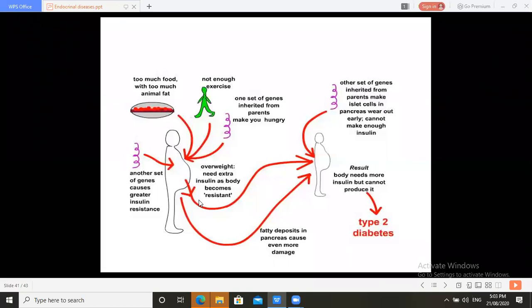Now, what are the clinical features of diabetes mellitus? What are the markers?